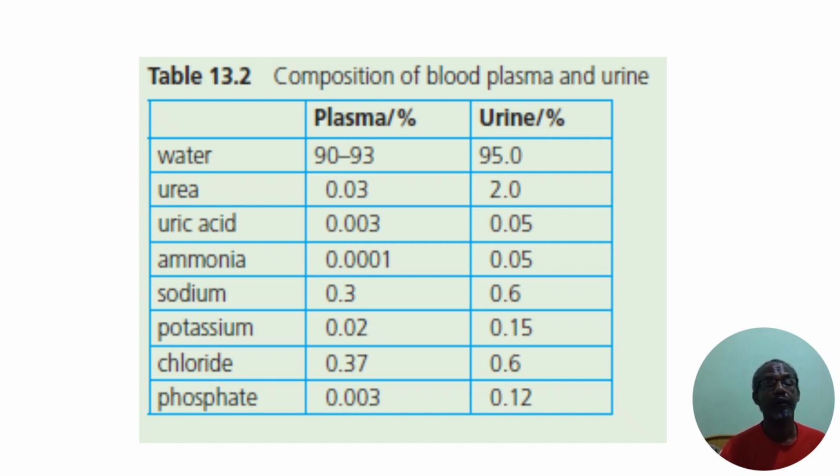You see, potassium 0.02 in plasma, 0.15 in urine, chloride 0.37 in plasma, 0.6 in urine, a huge amount lost in urine. Phosphate is also there, 0.12 in urine, 0.003 in plasma. This is just to compare with the plasma. Therefore, there are some minerals that are lost each time we form urine.